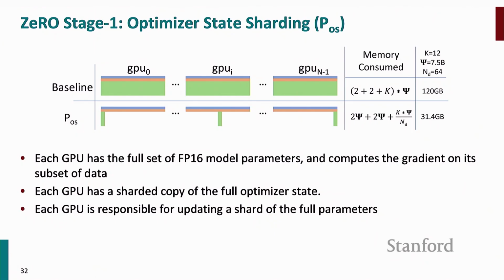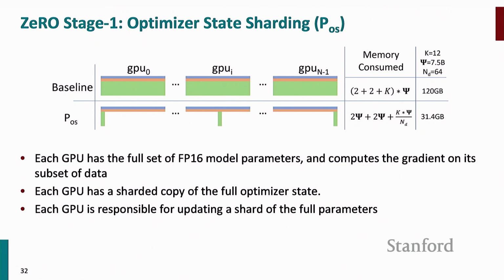Okay, so let's look at stage 1. ZeRO has multiple stages. So there's stage 1, 2, and 3. In stage 1, we're going to shard the stuff in green. The stuff in green was the optimizer state. And the way we're going to shard and still maintain synchronization is something like this. Okay, so every GPU has the full set of parameters in FP16, and every GPU has its gradient for its data.